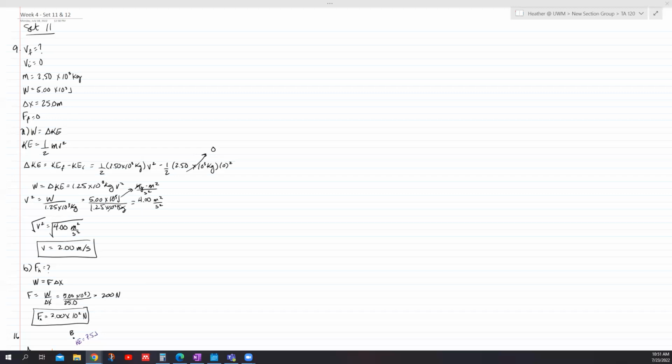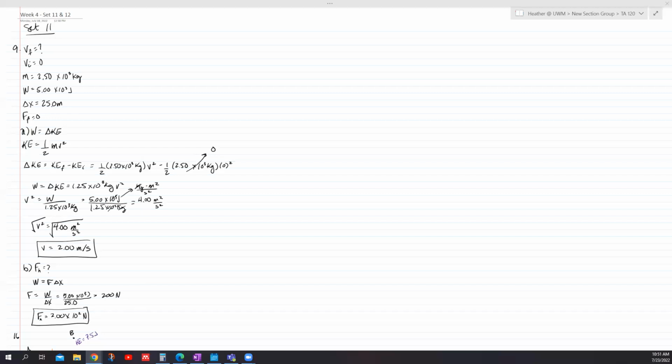So using work equals delta KE equals final kinetic energy minus initial kinetic energy. So we've done that here. We know that the initial velocity is 0, so we can take that to 0.